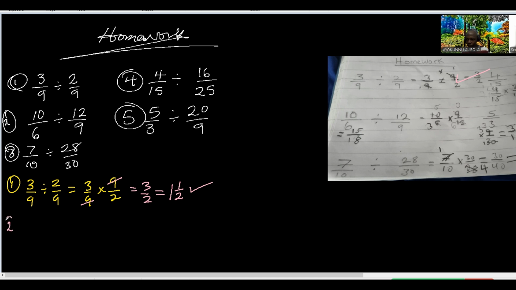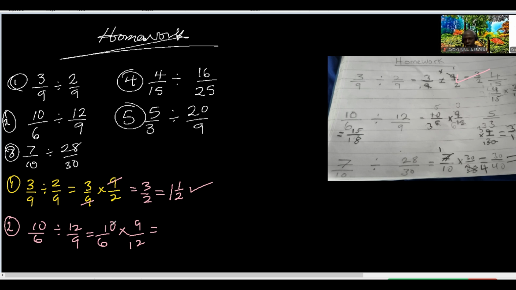Number 2, we have 10 over 6 divided by 12 over 9. So this would be 10 over 6 times 9 over 12. And look at this. Is there anything that can divide themselves there? 10 and 12, and 6 and 9.